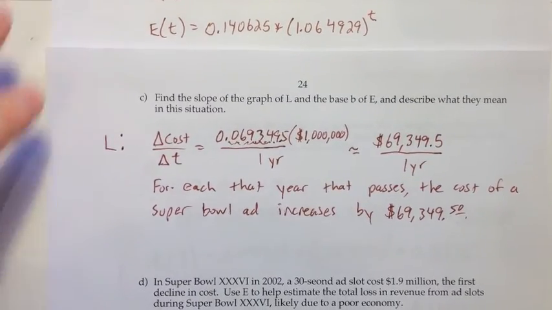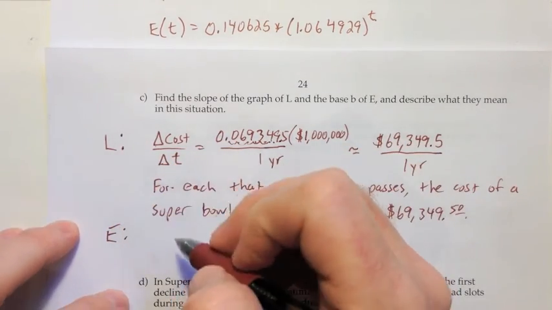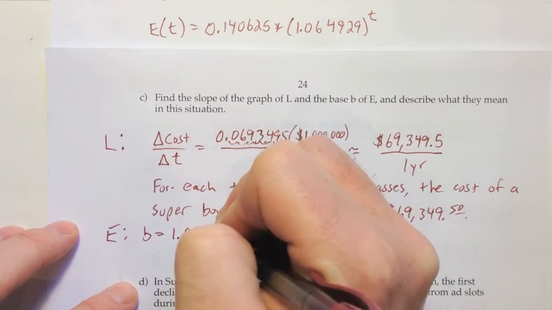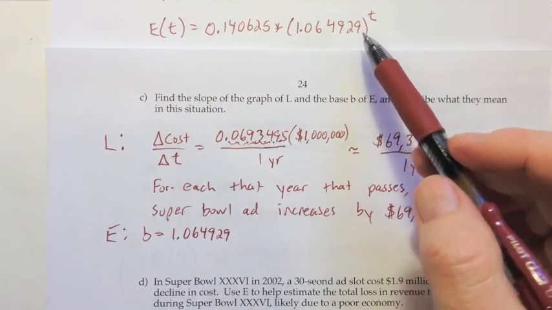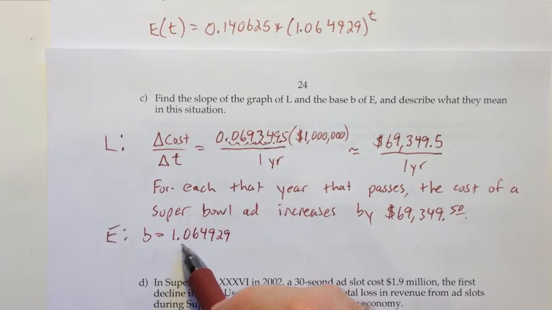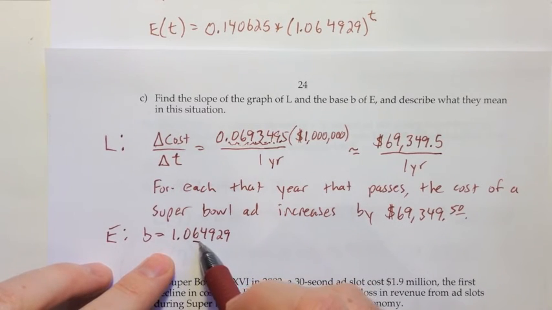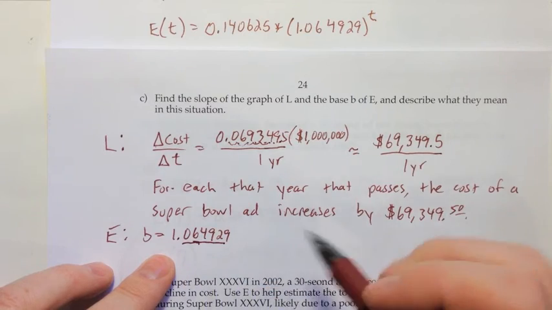Now the new one would be for an exponential function. So for E, we're going to focus on the base, and the base is 1.064929, and that's what we're multiplying by every year. And remember, multiplying by 1.0649 is the same as doing 106.49% of, and this part above 1 tells you what percent increase you're getting, but it's telling it to you in decimal form.